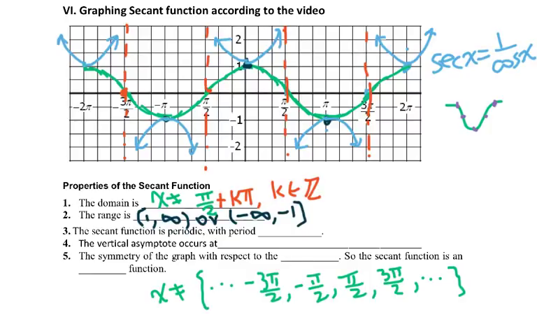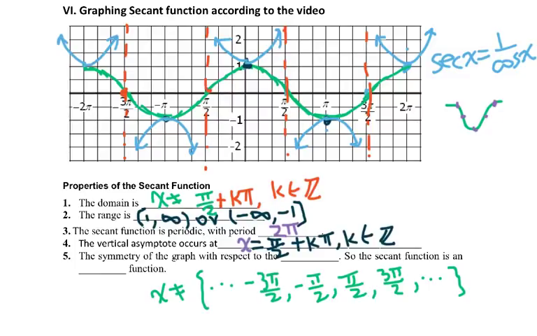The secant function is periodic with period 2 pi. So every 2 pi it repeats. The vertical asymptote lines occur at, just check the domain part, x equals pi over 2 plus k pi, where k is integers.